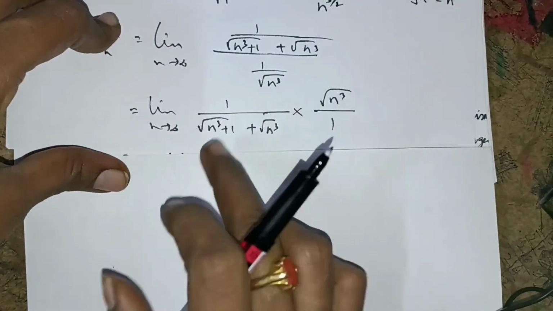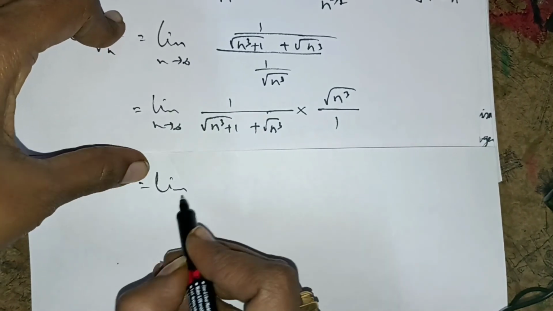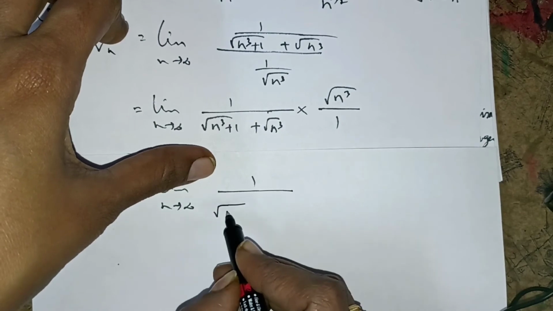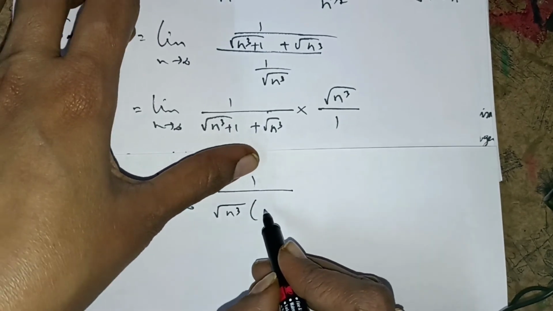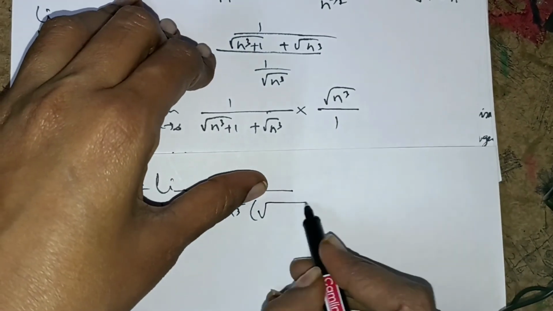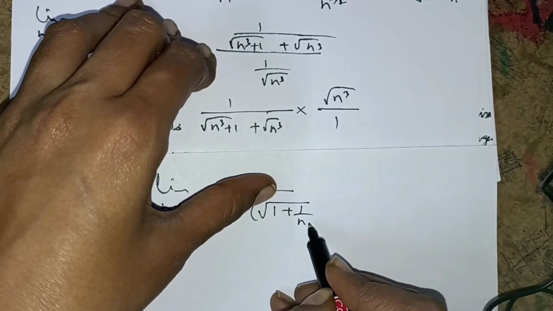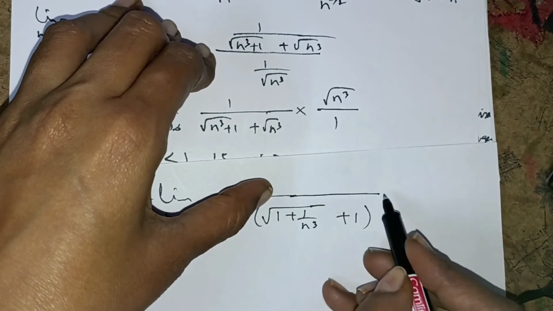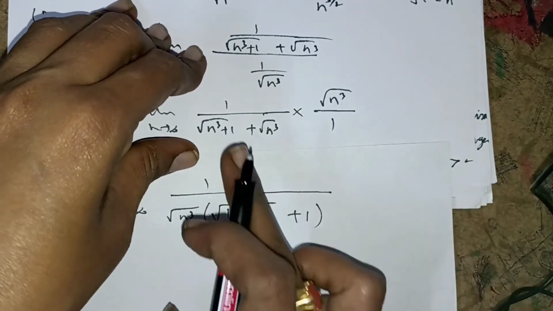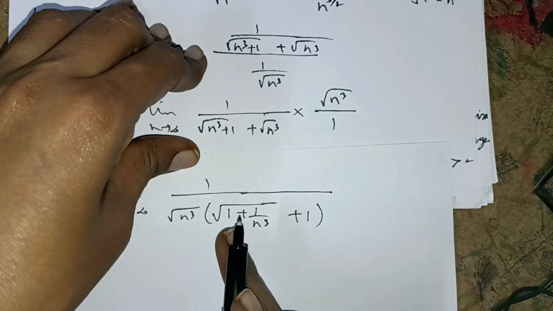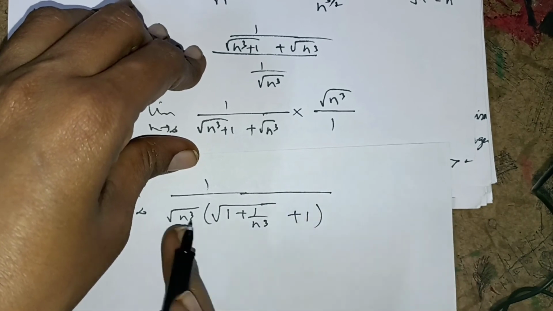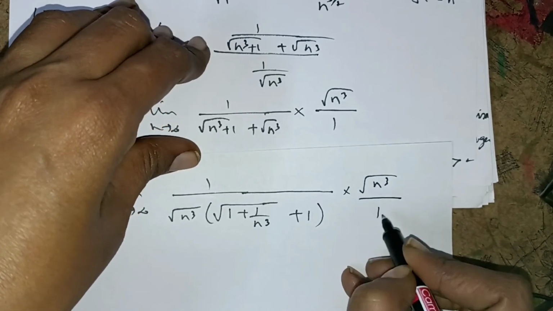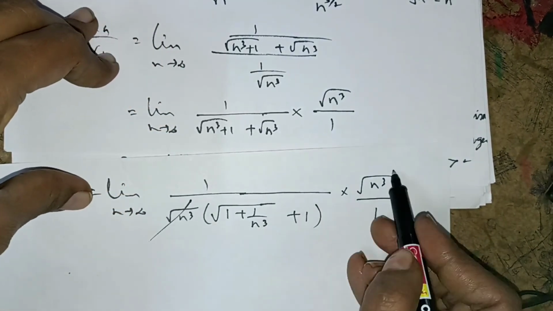Taking root n cube common, you will get 1 plus 1 by n cube. Root n cube gets cancelled. Applying the limit, 1 by root of 1 plus 1 by infinity plus 1. 1 by infinity is always 0. So 1 by root 1 plus 1, that is 1 by 2.